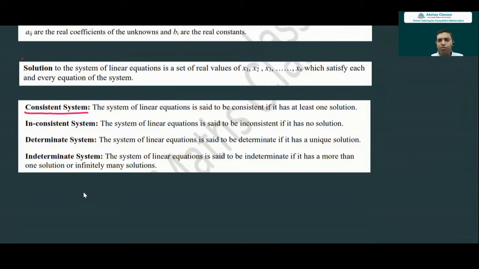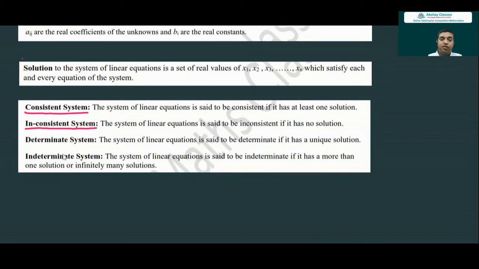There can be many solutions, but at least one solution, then we call the system consistent. It is called an inconsistent system if the equation does not have any solution.